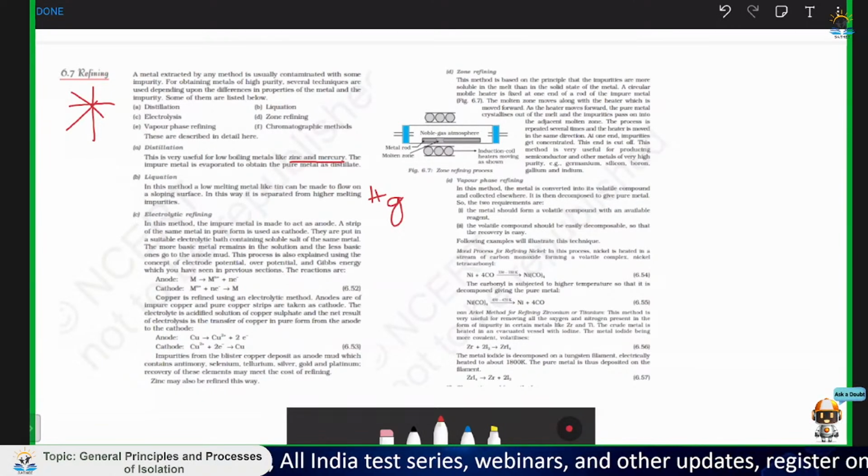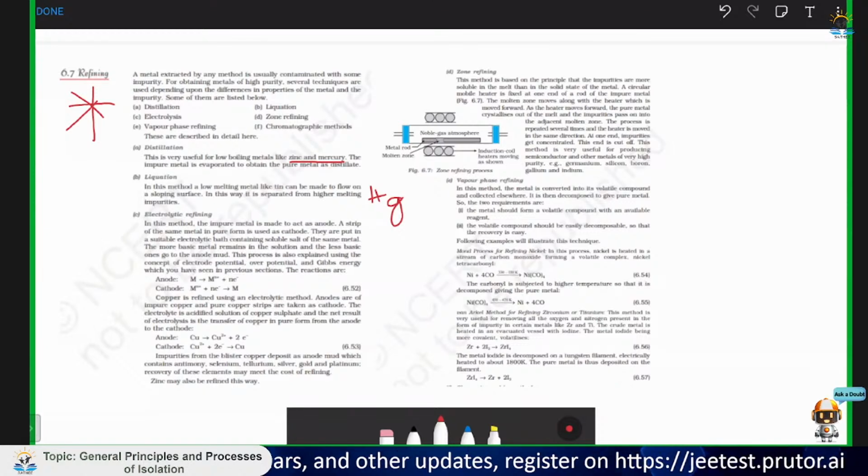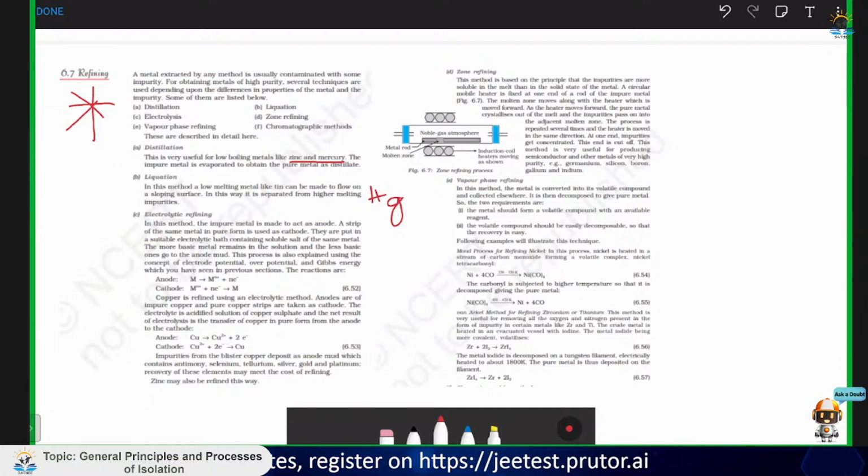We're going to sell the silver and gold and make a profit out of it. So that's the thing. Your anode is impure copper, the cathode is pure copper, and your electrolyte is an acidified solution of copper sulfate.